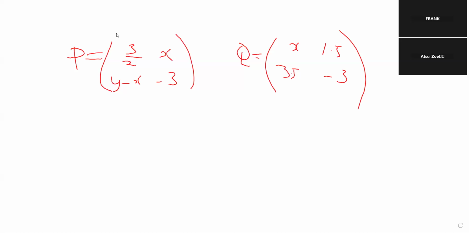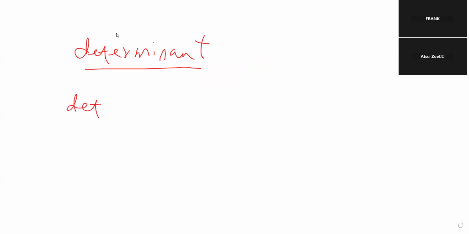Let's look at the determinant of a 2 by 2 matrix. Sometimes you write it as the determinant of the matrix A, which means you have to find the determinant of A. It's very simple.